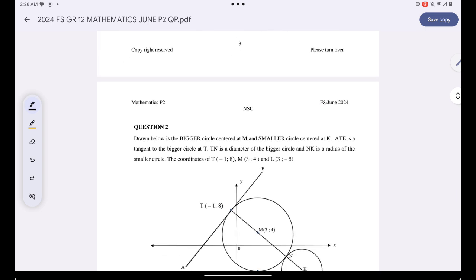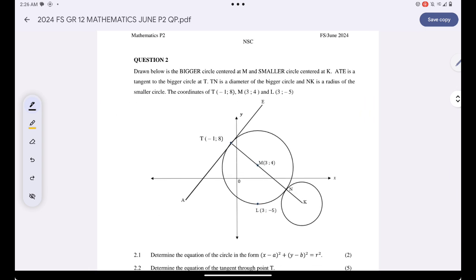Okay, now let's do question 2. Drawn below is the bigger circle centered at M and the smaller circle centered at K. ATE is a tangent to the bigger circle at T. TN is the diameter of the bigger circle, and NK is the radius of the smaller circle.